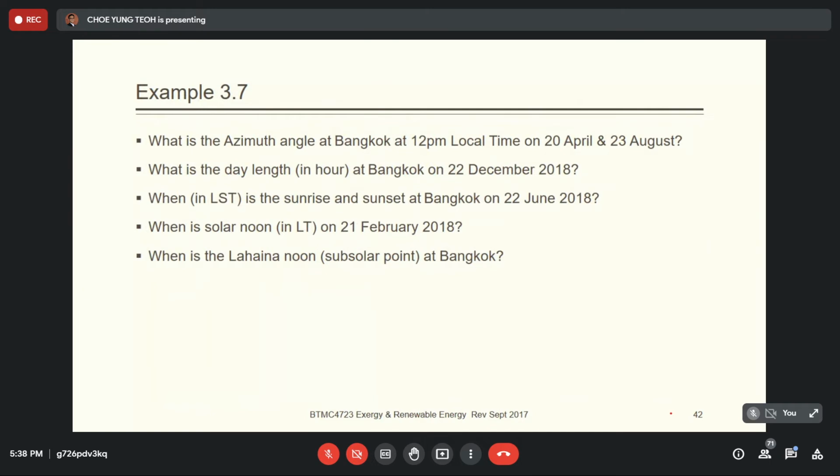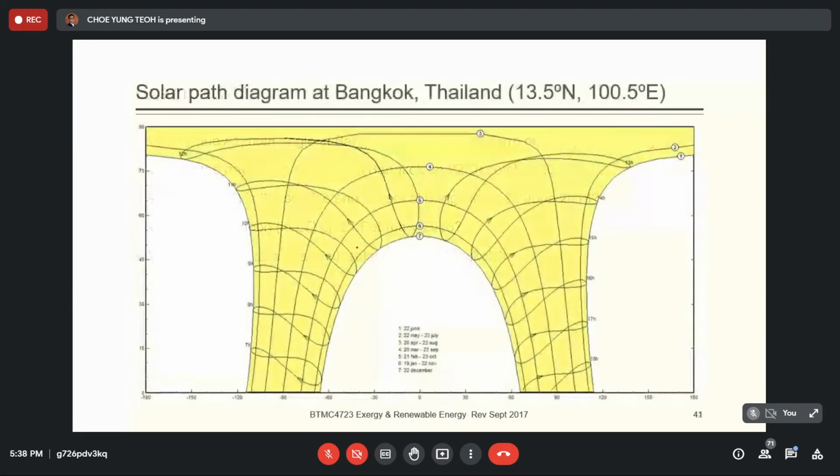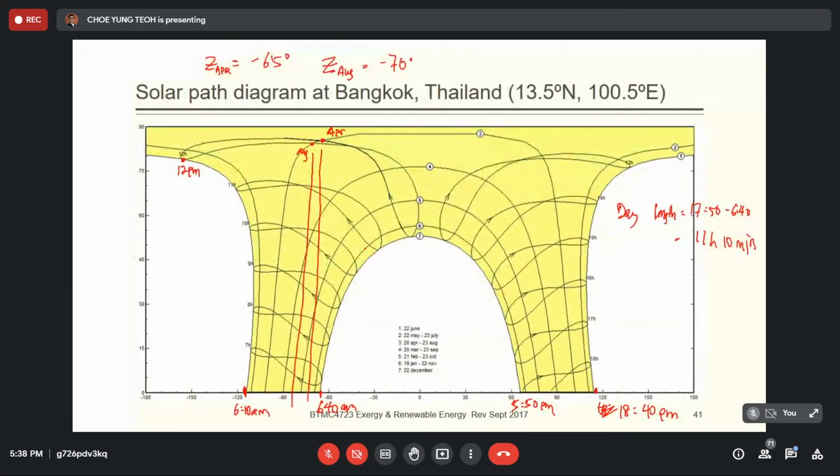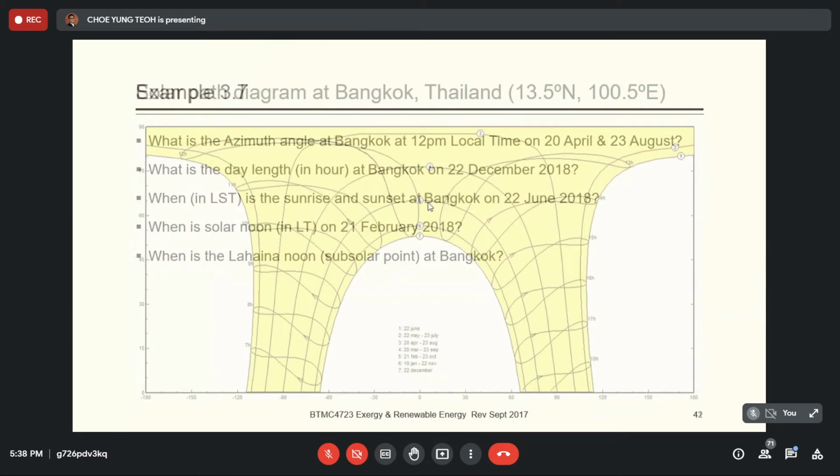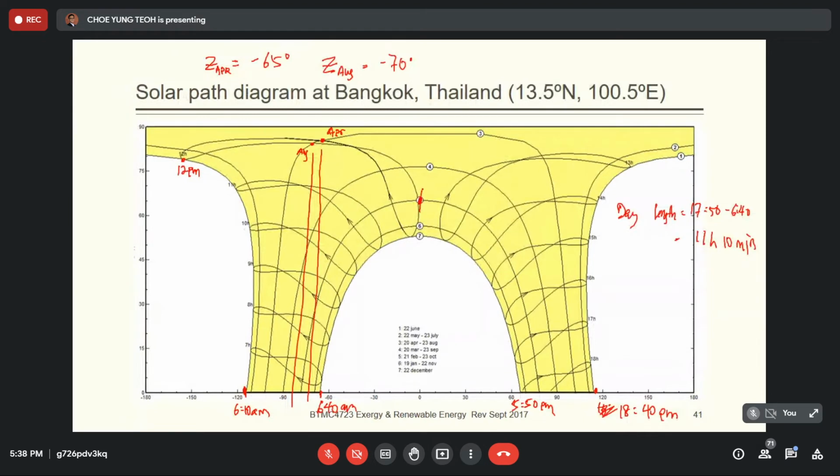And okay, can I continue? The next one should be, when is the solar noon on 21st of February? 21st of February is line 5. Okay, line 5 is over here. So you want to find the local time. This is LSD 12.